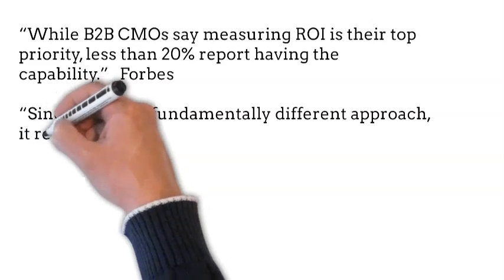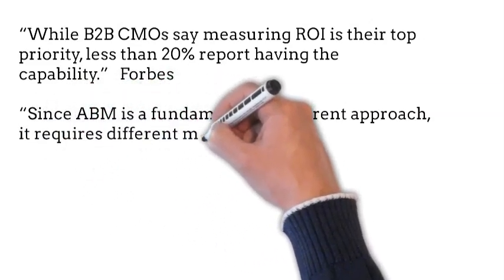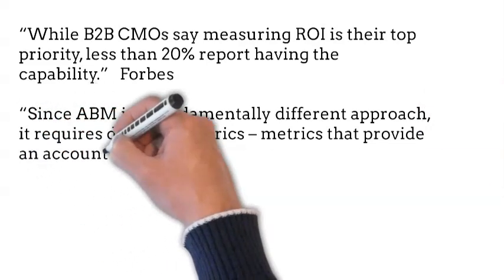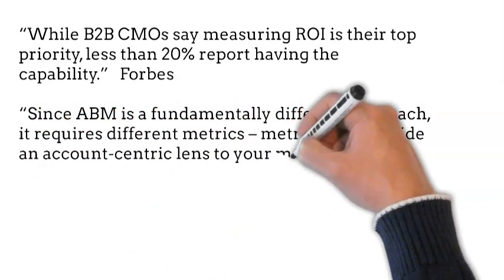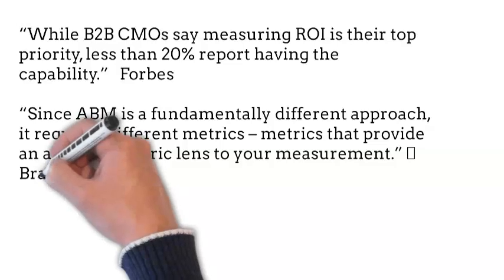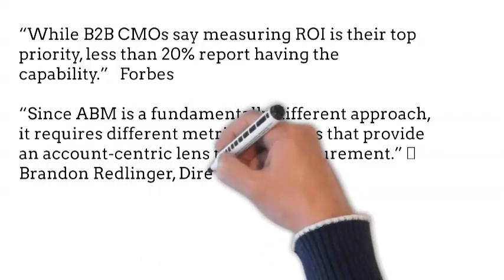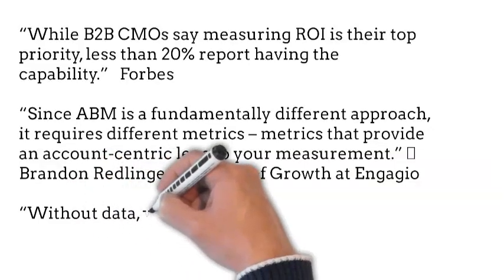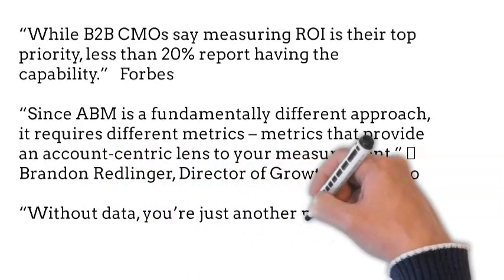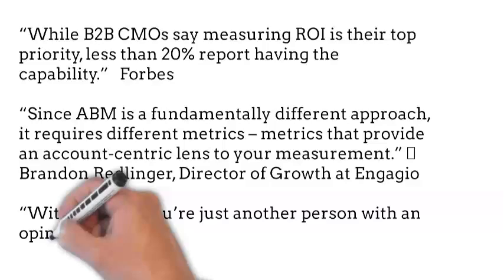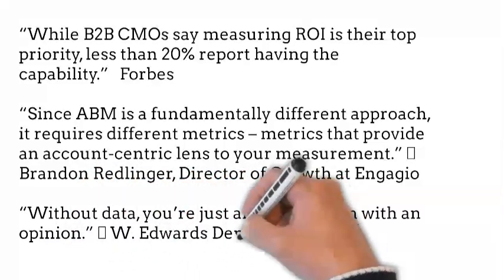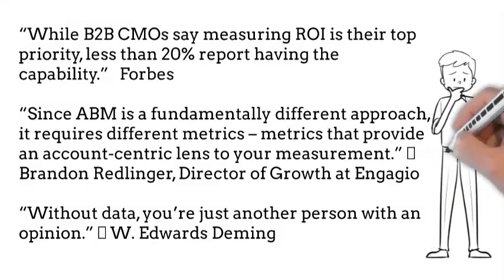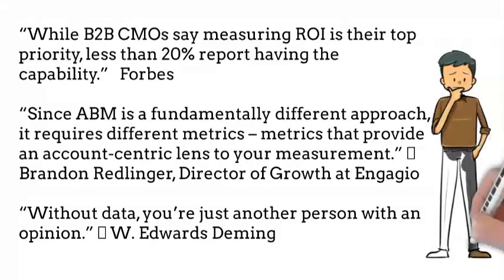We know that since ABM is a fundamentally different approach, it requires different forms of measurement and metrics that provide deep, actionable insight into the account-centric lens. And that's what we've heard from Brandon Redlinger, the Director of Growth at Engagio. Also, we know that without data, you're just another person with an opinion, and that's from W. Edwards Deming.